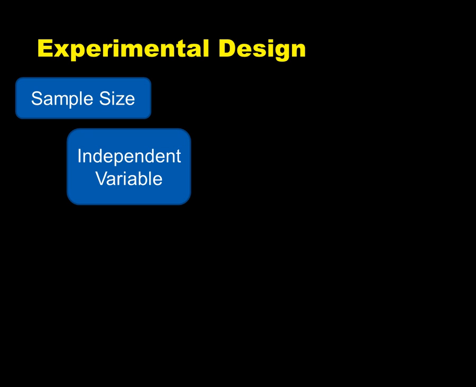Another thing that we need to take into consideration are our different variables. The first is called the independent variable. We're not looking at the word independent. What do you think the word variable means?